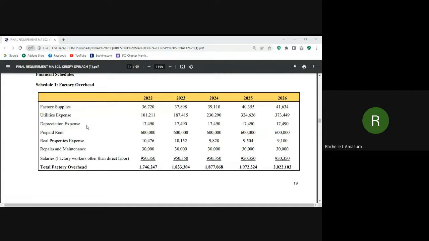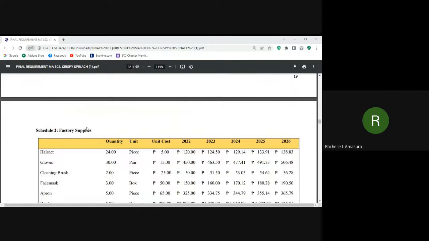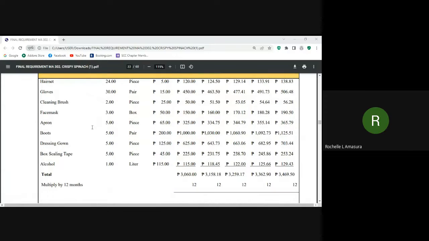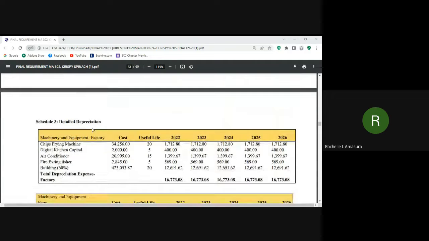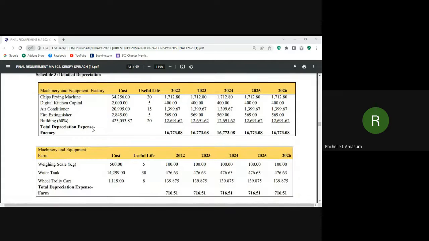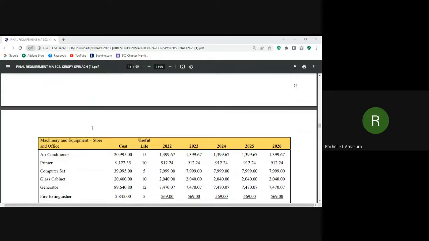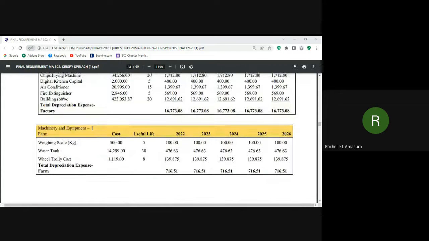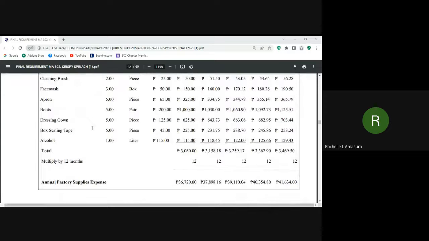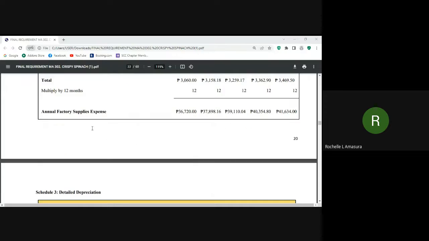Then the factory supplies, kung pila ka buok nagamit, times na lang sa pila ang magamit every year. Then i-divide i-times na pud siya into 12 months kay 12 months man siya every year para makuha ang annual factory supplies.